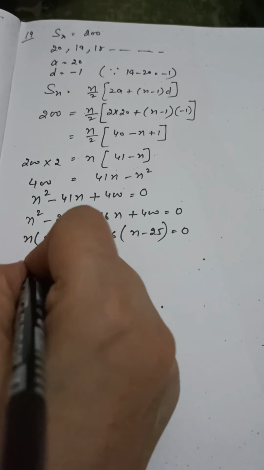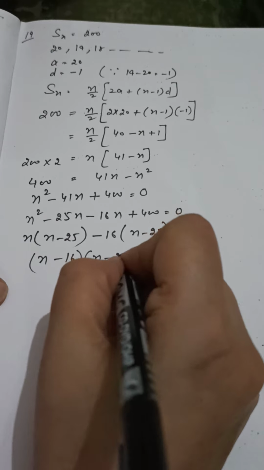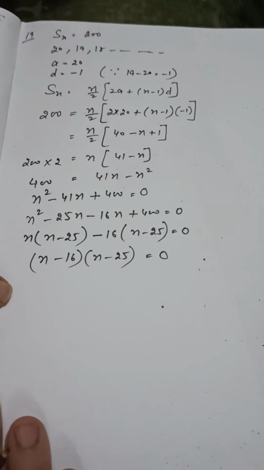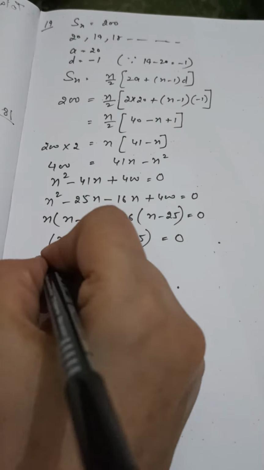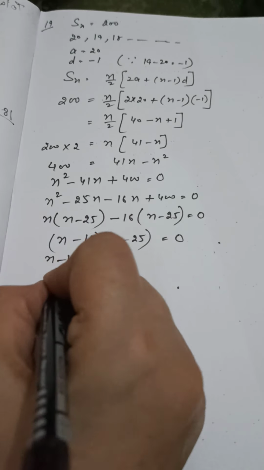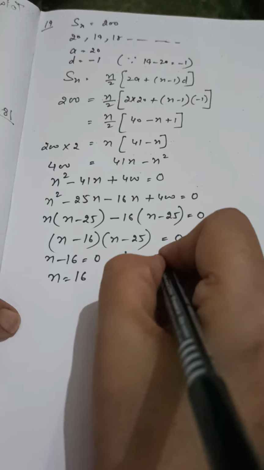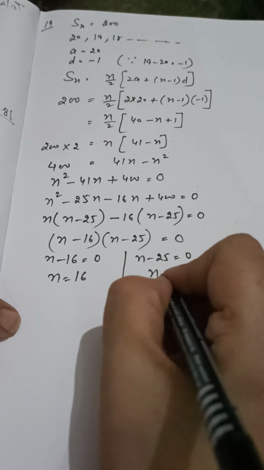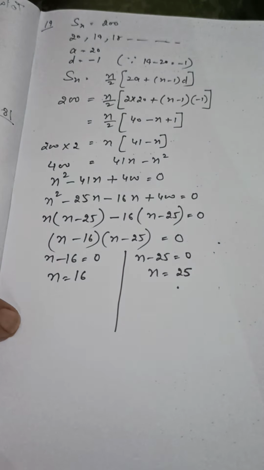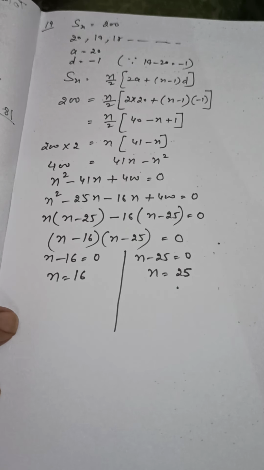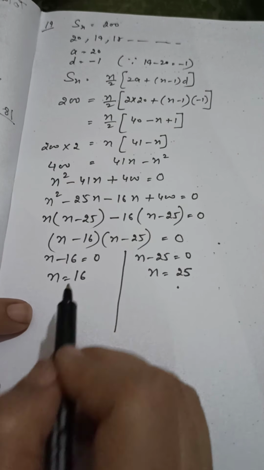N minus 16 and n minus 25, there are two factors. Now we can find the values. N minus 16 is equal to 0, n is equal to 16. N minus 25 is equal to 0, n is equal to 25. Both answers are positive. Now we have to find which answer is the exact one.